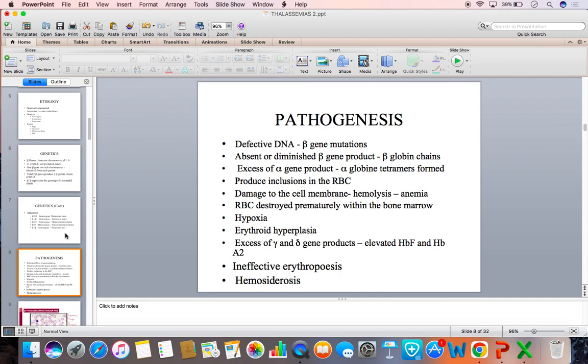Tetramers of the alpha chain form the inclusion bodies in the RBC, cause damage to the membrane of the RBC, thereby resulting in lysis before they are released into the circulation. This is called ineffective erythropoiesis, which results in hypoxia, stimulation of the production of erythropoietin, which in turn results in erythroid hyperplasia.